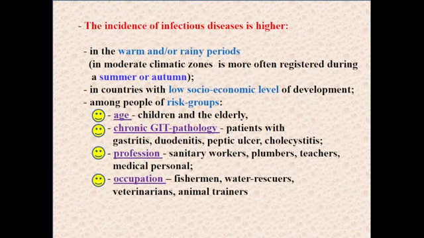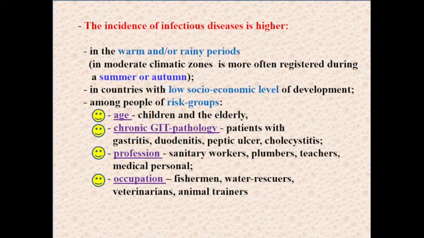The incidence of the infectious disease is higher in the warm and rainy periods, so it's summer or rainy season in the tropics. In the moderate climatic zone, it's usually summer and autumn. Or in countries with a low socioeconomic level of development, due to absence of central water supplies, for example, and problems with boiling water.